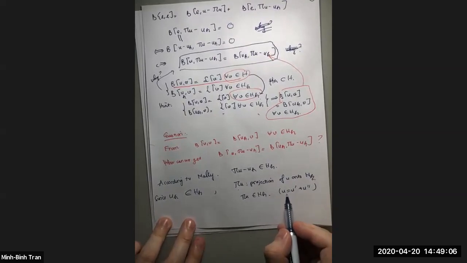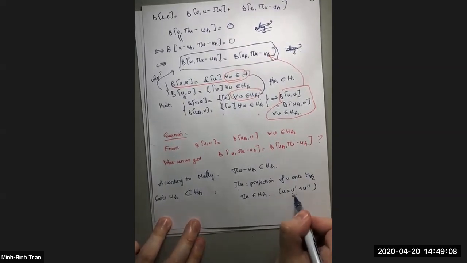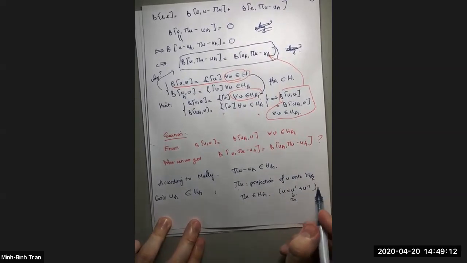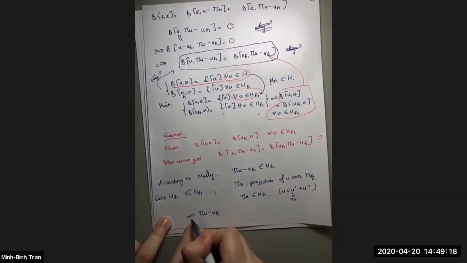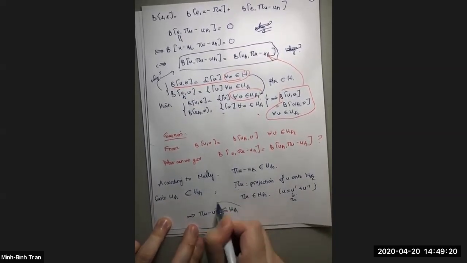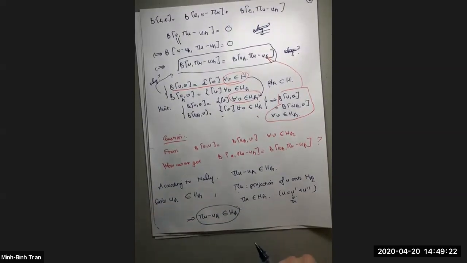Remember that I split u as u prime, which is pi u, and u prime is in H_h, right? So because u_h is in H_h and pi u is in H_h, pi u minus u_h is also in H_h, right?